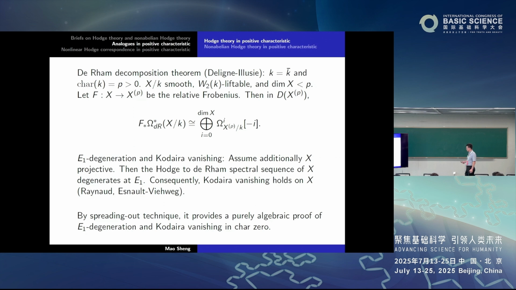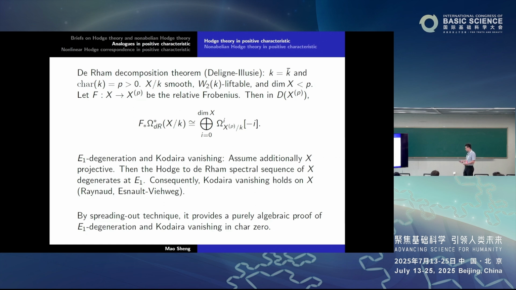He asked, if you assume X over k is only log smooth and replace the de Rham complex by the log de Rham complex, whether this log de Rham decomposition theorem holds. But we show that this actually does not hold.